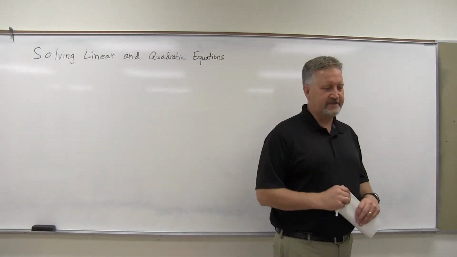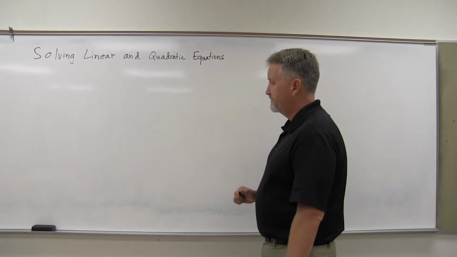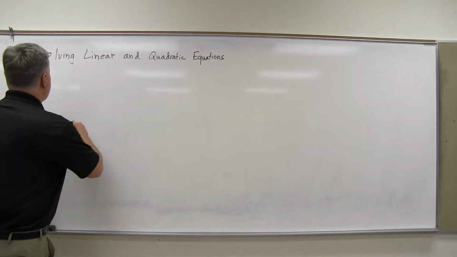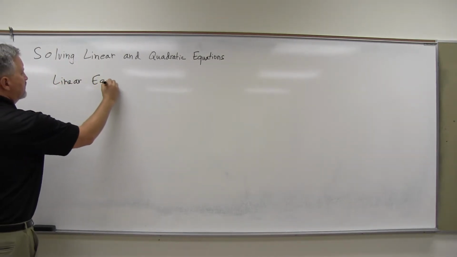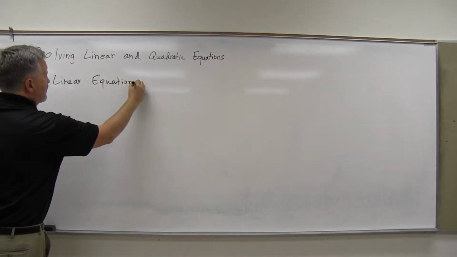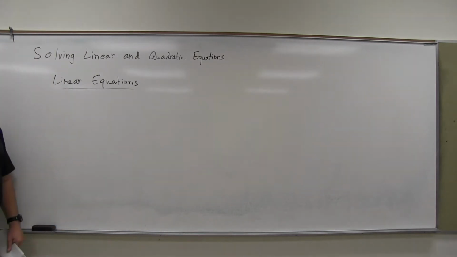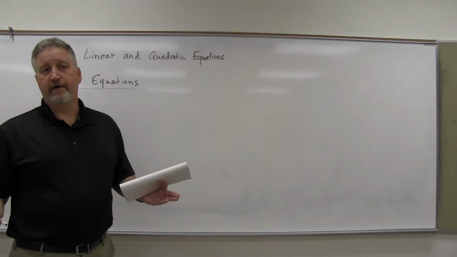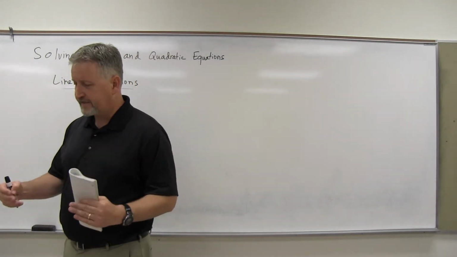So just to make sure that we all know a little bit about how to solve them, we'll start by solving linear equations. What I mean by that: a linear equation is just an equation where the degree of x is 1, x to the first power.